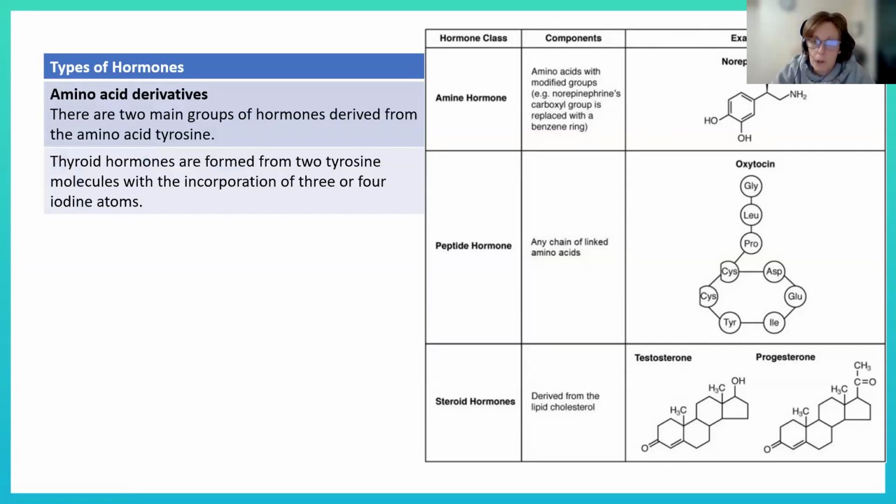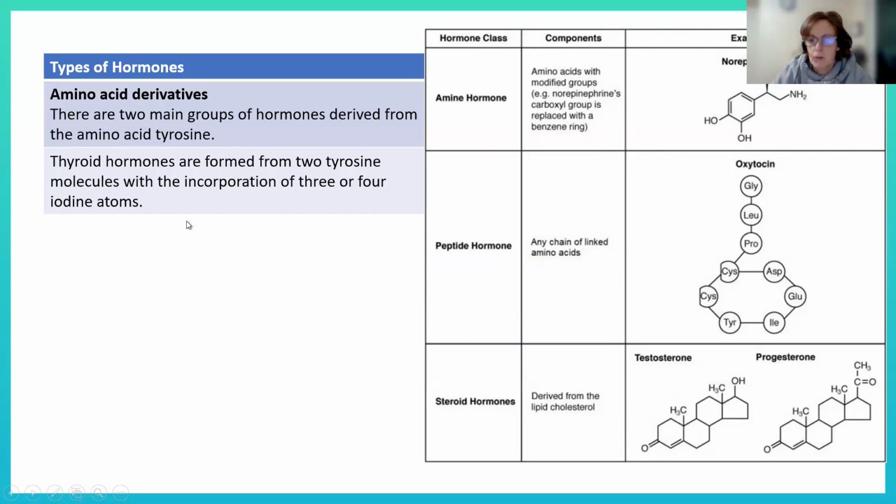There are thyroid hormones. The thyroid is found in the neck, and these are this type of hormone, this amino acid derivative coming from this tyrosine amino acid. And the thyroid hormones that come from the tyrosine molecules have 3 or 4 iodine atoms in them.